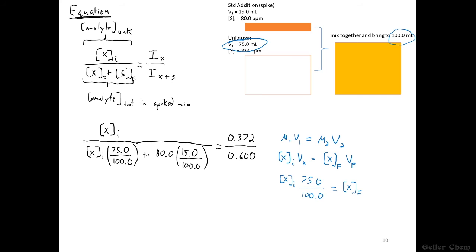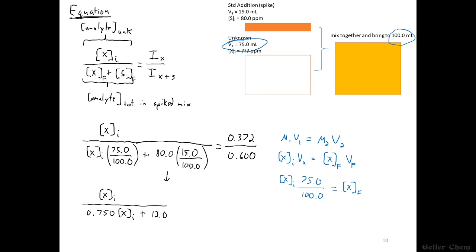And from here it's just an algebra problem. I mean, it's a rather long algebra problem, but the hard part is over. The chemistry is over, which was just figuring out how this setup works. I'll solve it in a few steps. Let's simplify that left side. And let's say that's x initial, again, this is what we want, divided by 0.750 x initial, plus, and then that 80 times 15 divided by 100 winds up being 12.0.